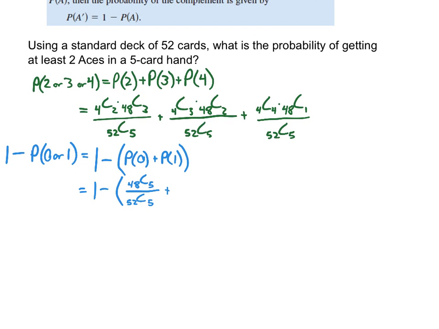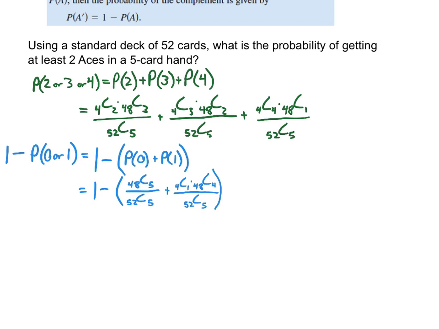And the probability of only getting one ace is going to be 4 choose 1 times 48 choose 4. So this one we'll have to figure out, but it's still not terrible. Notice though, in this case we're only having to do 2 of these instead of 3. So it saves us a little bit of work.